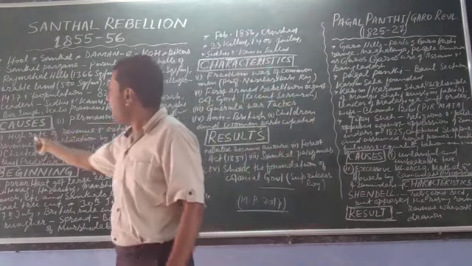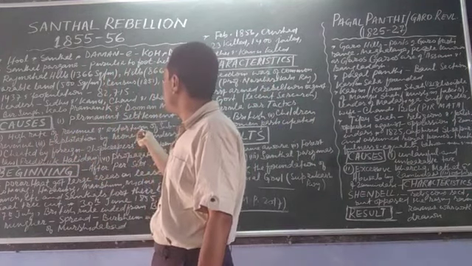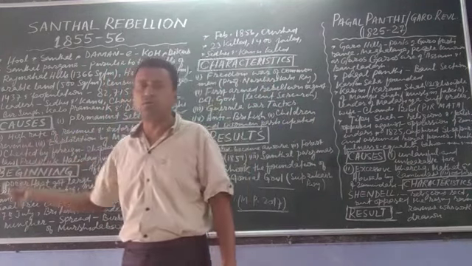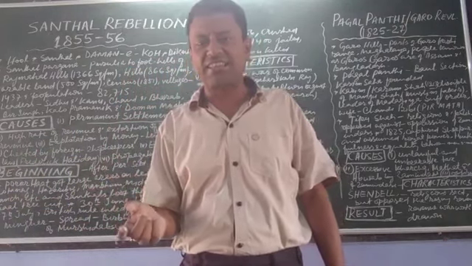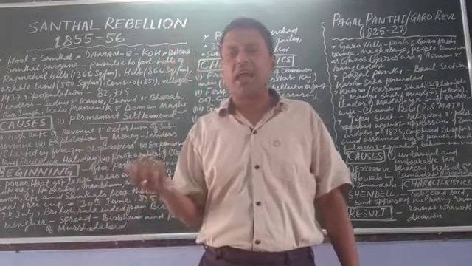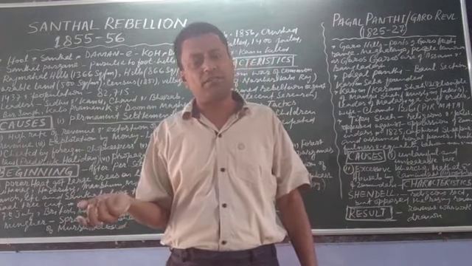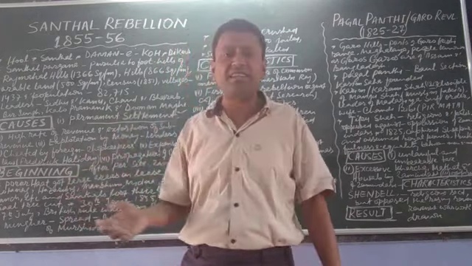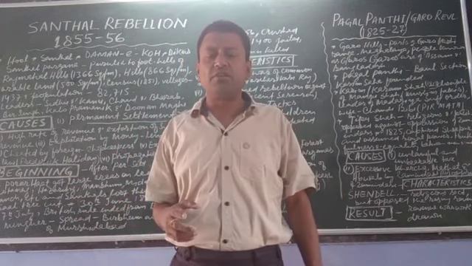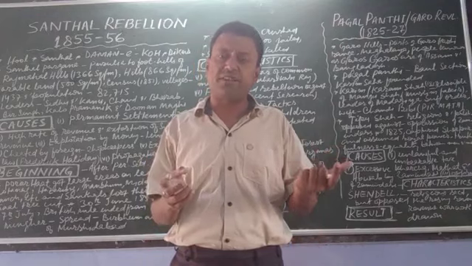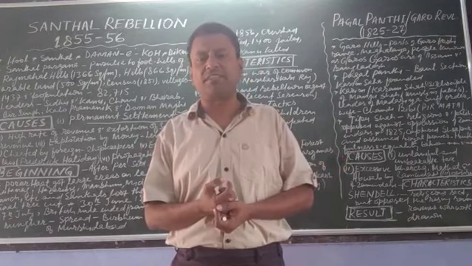Number two, high rate of revenue and extortion of sub-revenue. I have already discussed the Ijaradari system and the permanent settlement system in my previous classes. If you see my previous videos, you will come to know the differences between the Ijaradari system and the permanent settlement system.